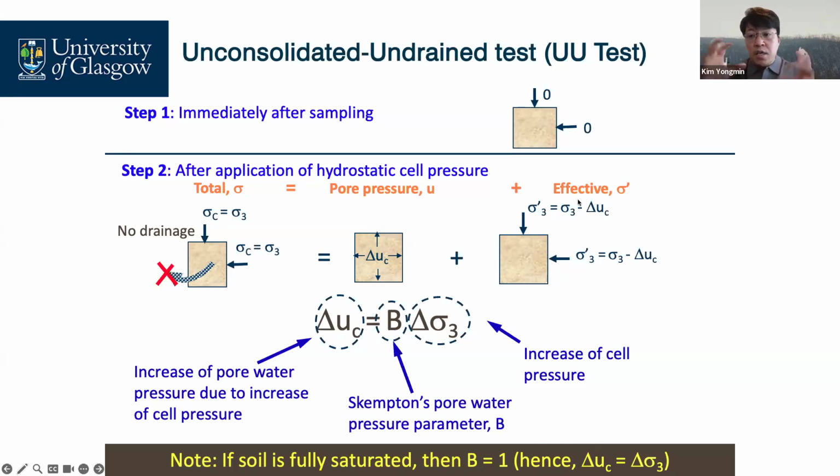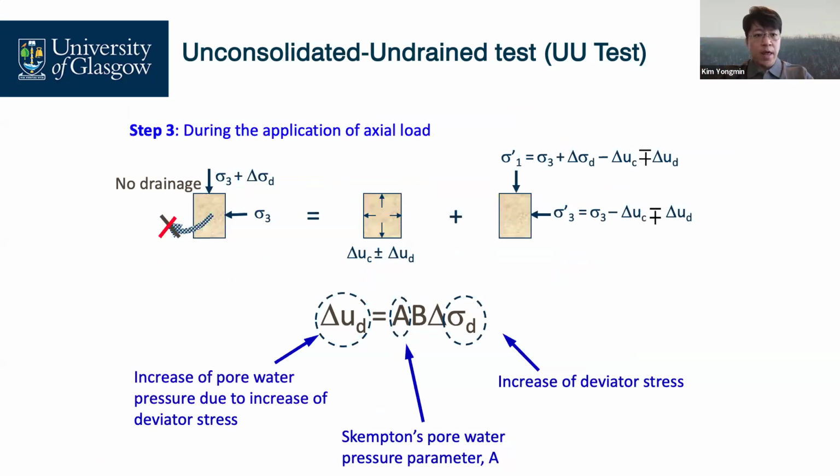This is the unconsolidated consolidation stage. What about undrained during the shearing? We apply deviatoric stress, and we expect that there should be water pressure increments due to this deviatoric stress.